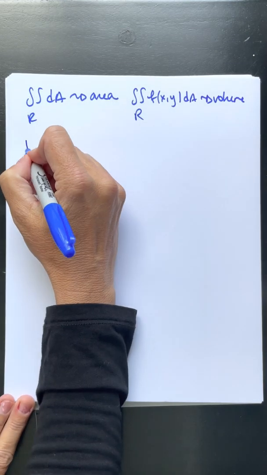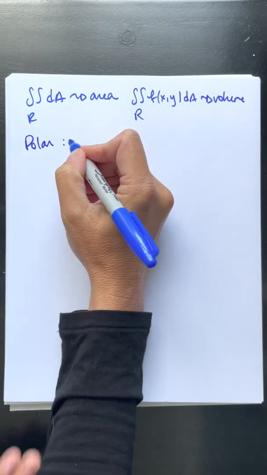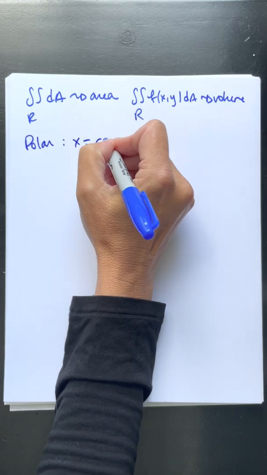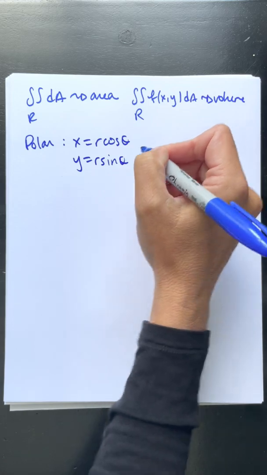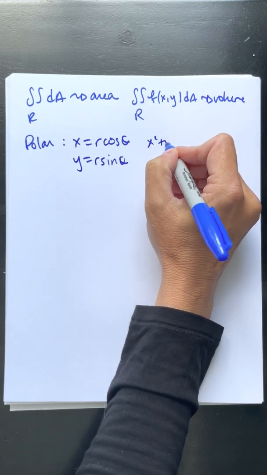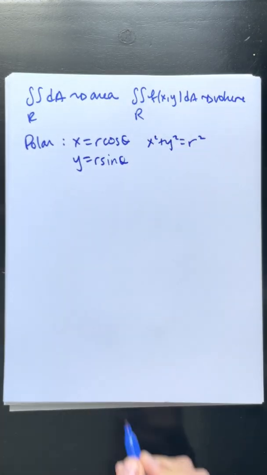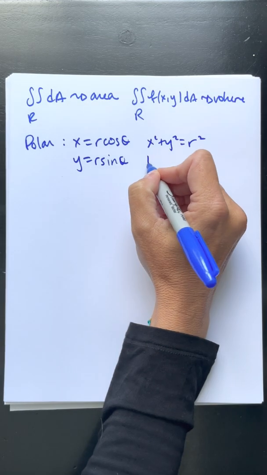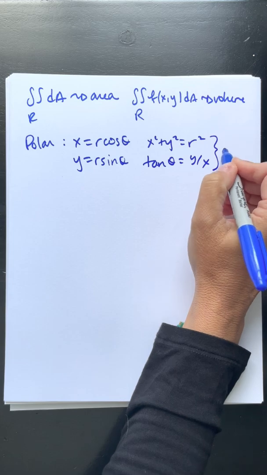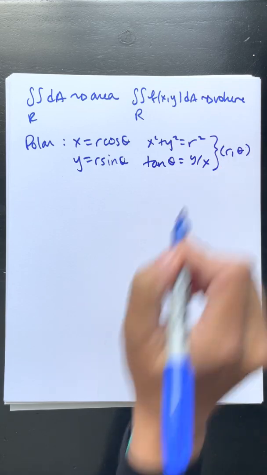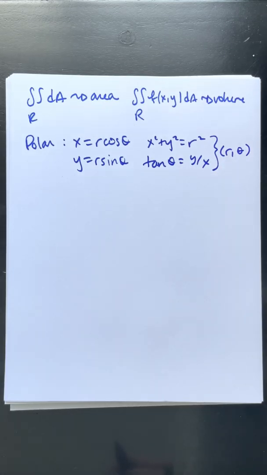So just a reminder on polar coordinates, we have x is r cosine theta, y is r sine theta, x squared plus y squared equals r squared, and tan theta equals y over x. And all of this gives us points that are r, theta instead of x, y.